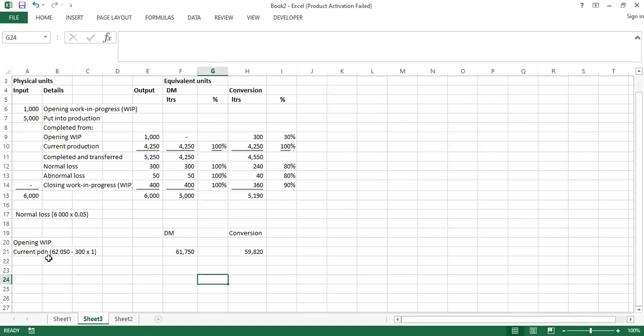But if it's abnormal, probably they are just spikes. It's probably something that's not going to come again. So we don't include that there. Right. So on opening here, because it's first in, first out, we don't deal with opening work in progress.